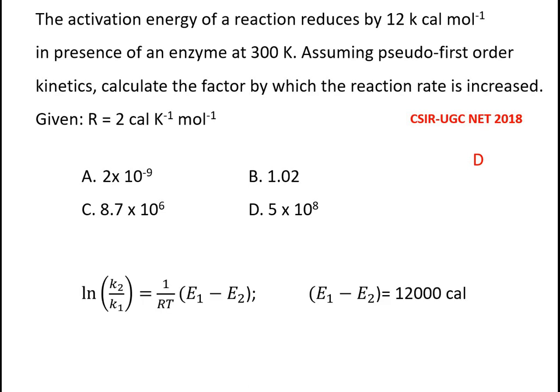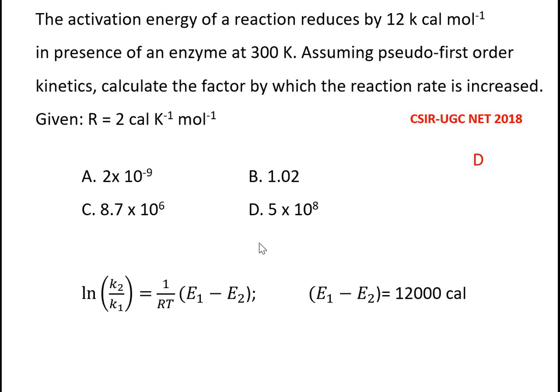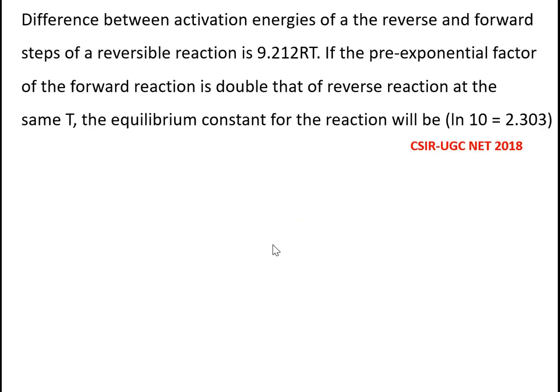Of course this is going to be the equation, and we put E1 minus E2 as 12 kilocalorie, that means 12,000 calorie per mole, and all the other values are known. So k2 by k1 you can easily check to be 5 into 10 to the power 8. So we can switch over to the next question.